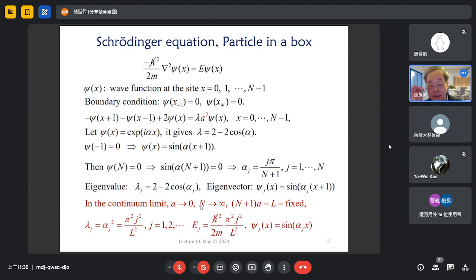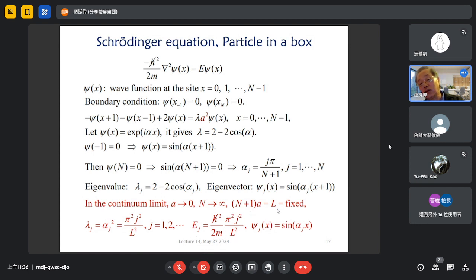And for the energy, alpha is equal to 2mE over h bar squared. So you just multiply by this proportional constant, then you get the energy. So h bar squared over 2m times alpha squared times lambda j is equal to the energy.